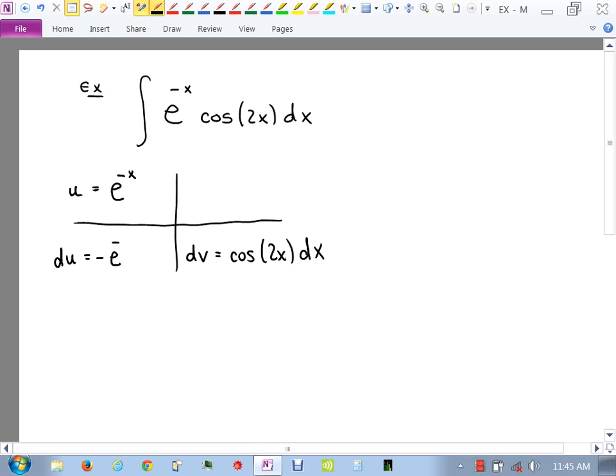Negative e to the negative x dx. And dv goes up to v, that becomes 1/2 sine 2x.